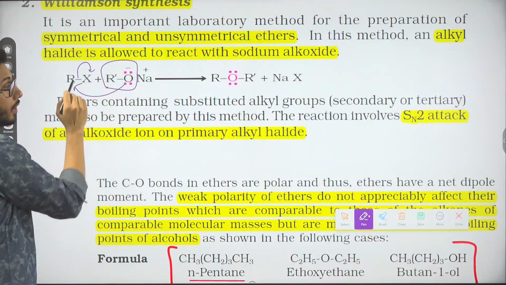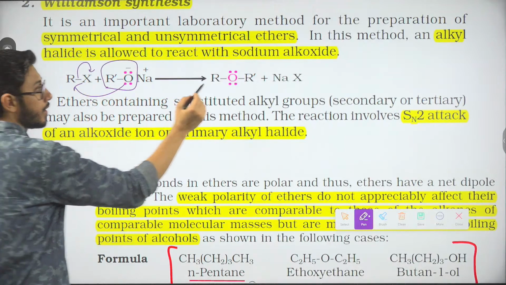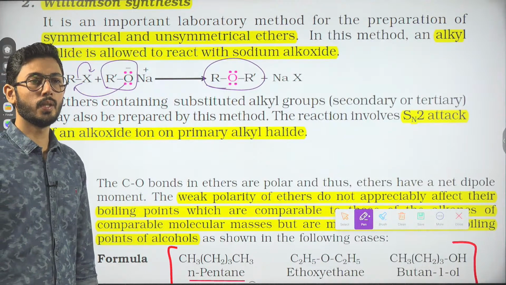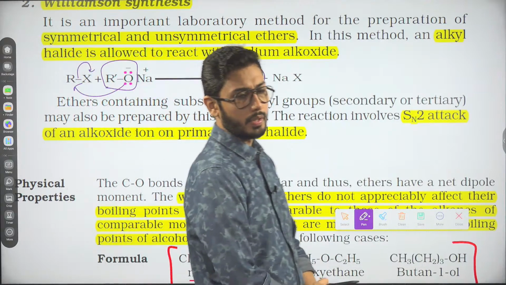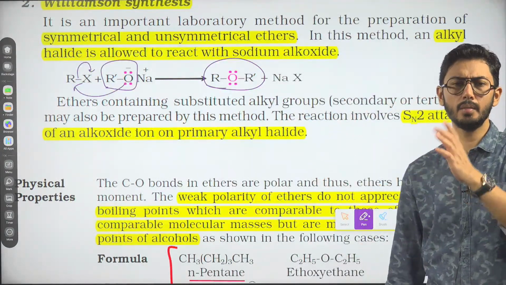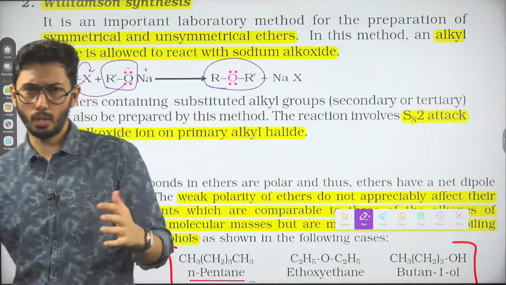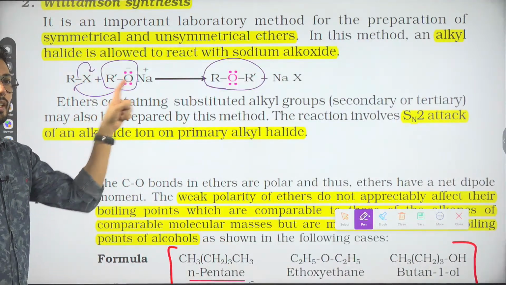And what does it generate? R is attacked by O minus, and it is bonded to R dash. This is ether formation. That is the meaning of Williamson ether synthesis, in which alkyl halide plus alkoxide ion, such as sodium methoxide, is taken, and generally ether is taken as solvent.